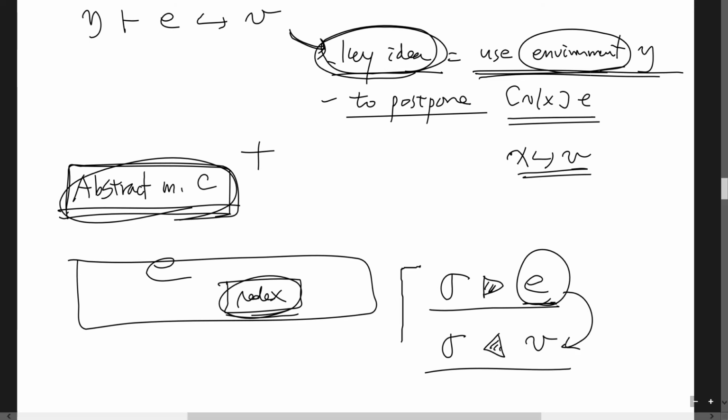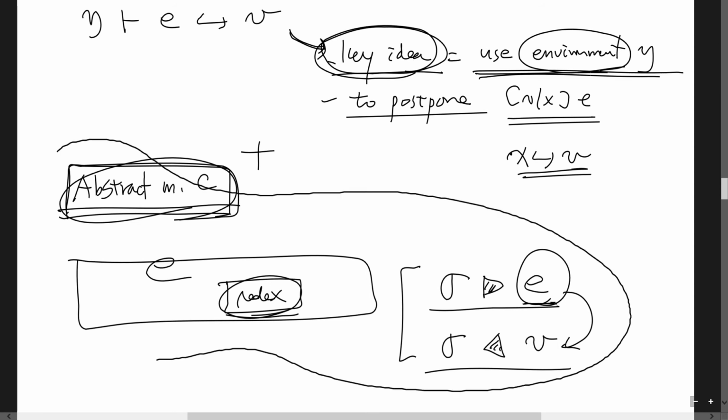So that was the two states in abstract machine C, and with this state transition rule, now we can systematically locate the redex to be reduced at the next step. So that was the idea behind the abstract machine C.